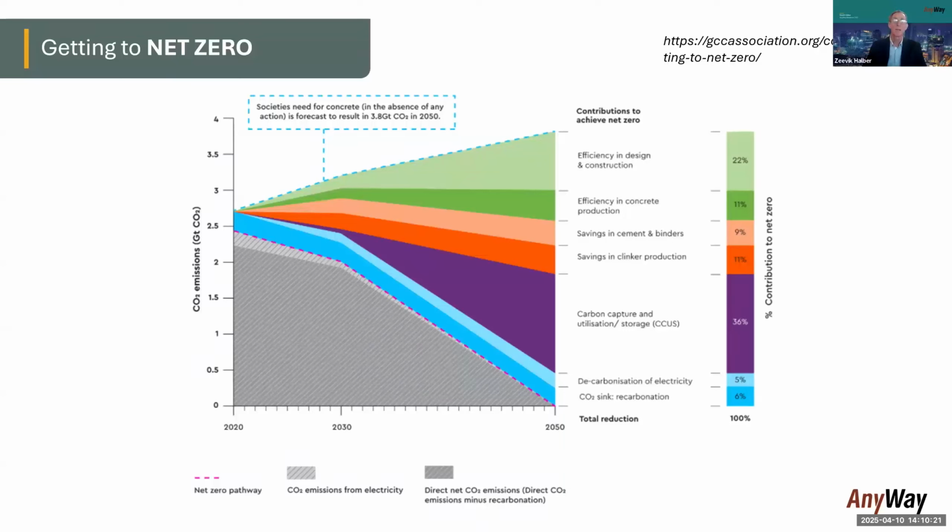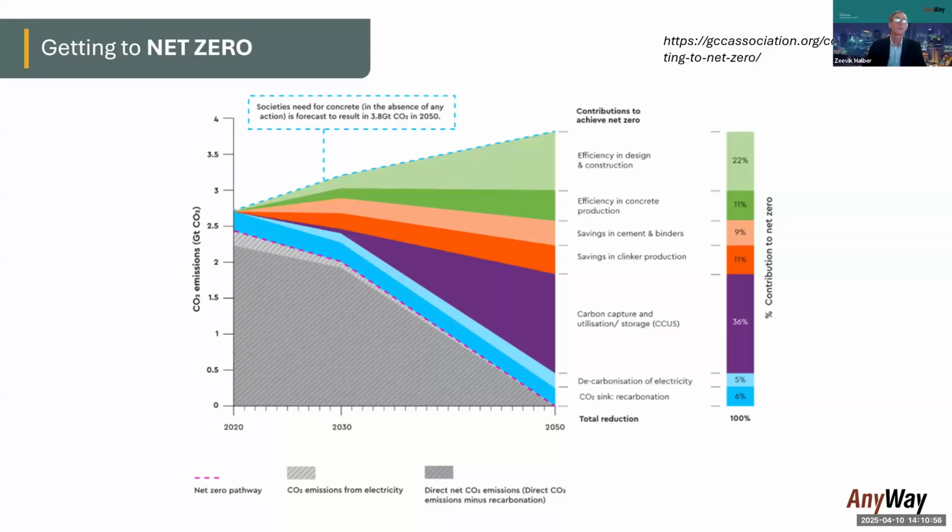And so 50% of the actions and the elements that they're looking at are efficiency of design and construction, and production of concrete and the elements involved in concrete, savings or changing cements and binders, which contribute, as I said and we all know, quite a lot of carbon emission into the concretes being used in the world.